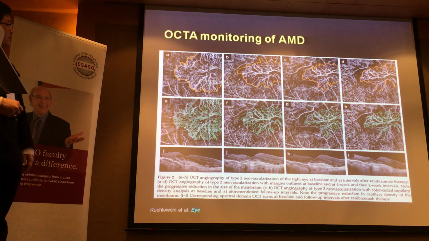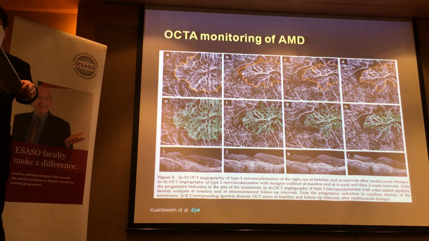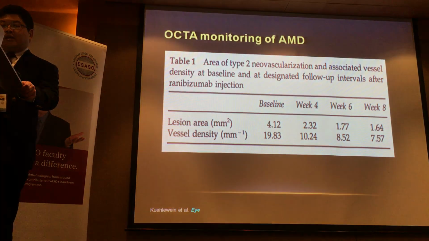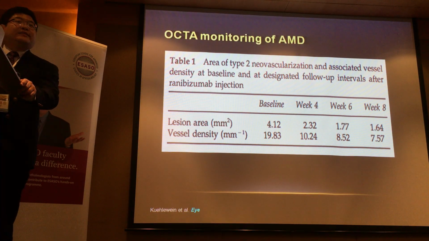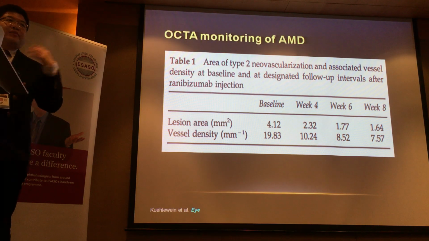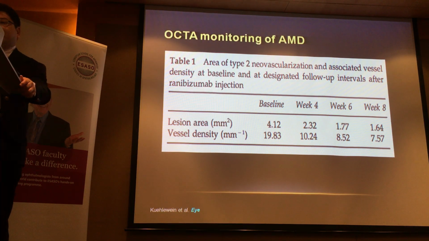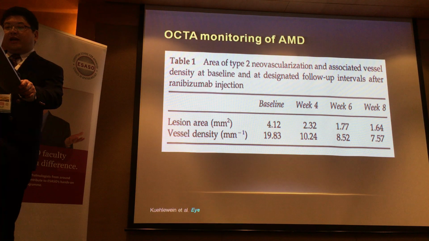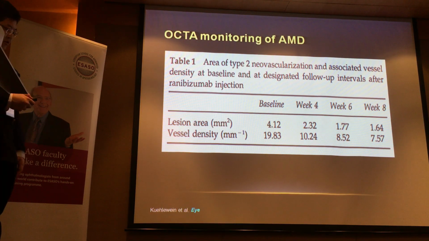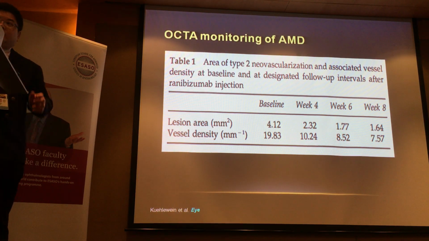And you can see that the size of the lesion as well as the density of the vessels changes over the course of treatment. And they were able to measure this both by lesion area and also by vessel density, which is really just a ratio of the pixels of the vessels to the entire region of the scan. And obviously, there's quite a big change in some of these.